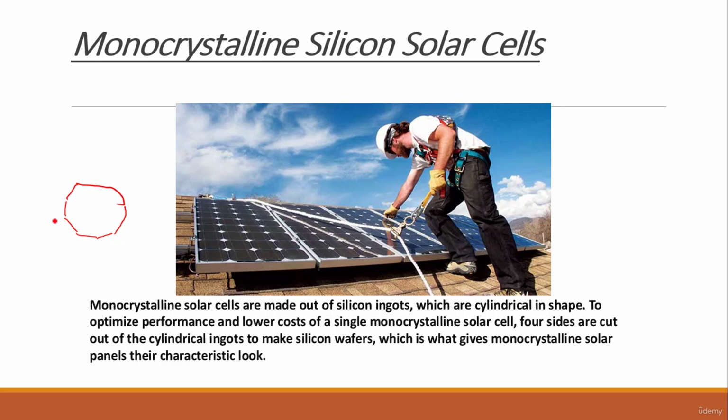This cutting process wastes a lot of silicon, causing a higher cost in making monocrystalline silicon solar cells. This type of monocrystalline silicon also has a high purity doping, causing high efficiency for the solar module.